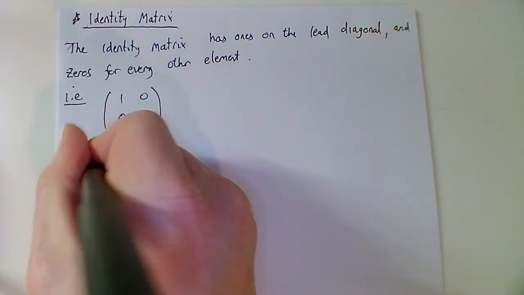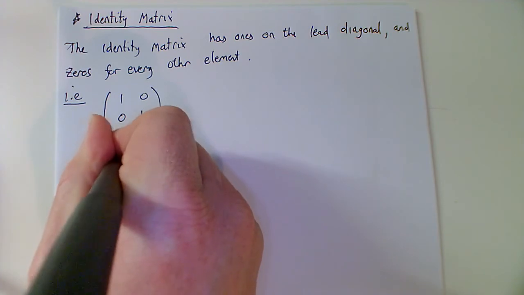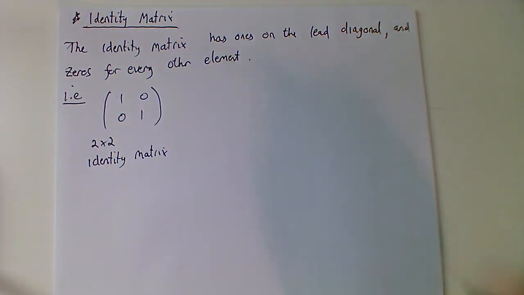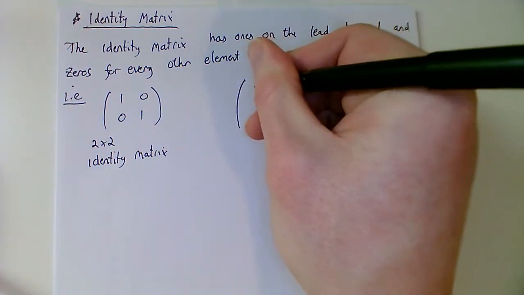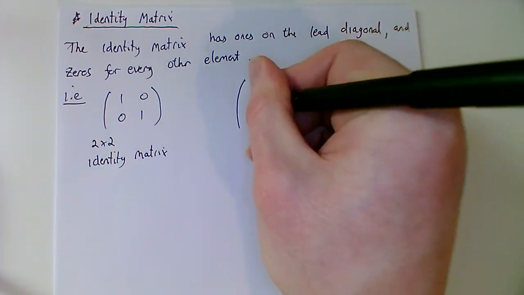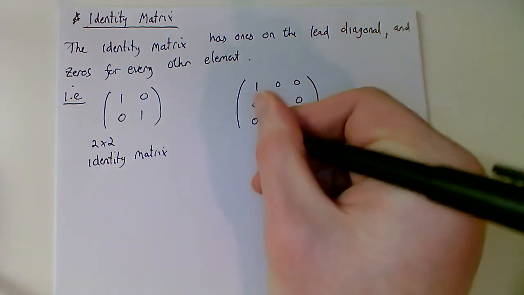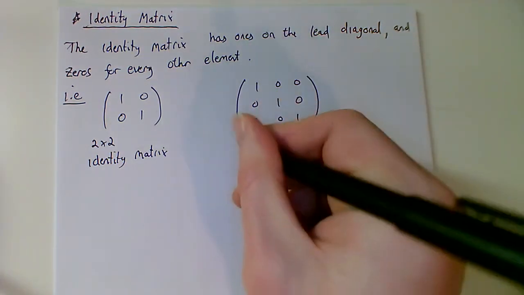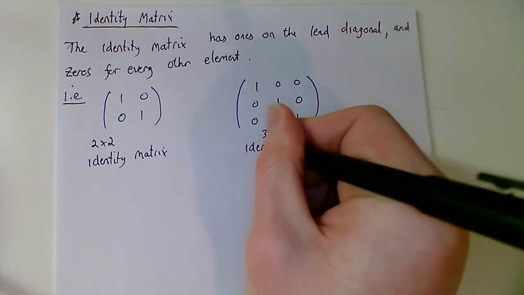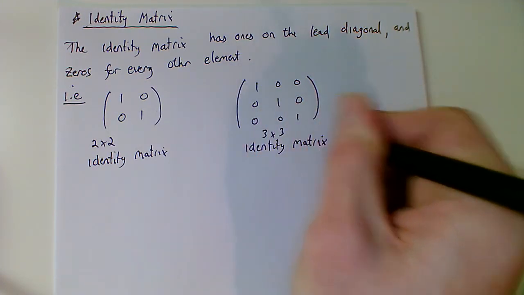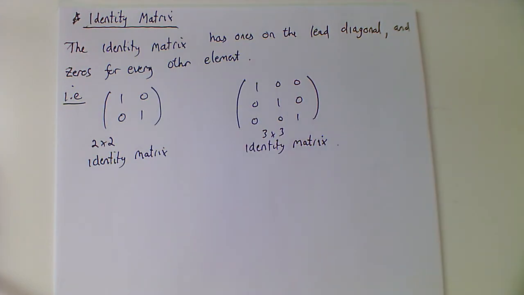So that's a 2 by 2 identity matrix. 1, 0, 0, 0, 1, 0, 0, 0, 1 is the 3 by 3 identity matrix.